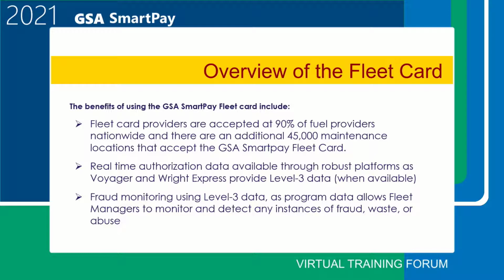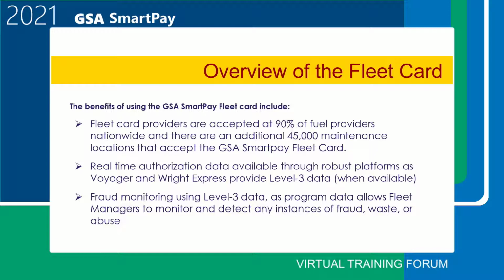However, they do have a process in place that if the maintenance exceeds that amount, they call in and get authorization from GSA, and they are issued a Ghost Card, MasterCard or Visa number, which ties back directly to that fleet card, and you would be able to see that within the electronic access system of your fleet card provider. So there are different solutions out there. Your agency may have it set up a little differently, but just know that for the most part, for your fuel needs, you're covered pretty much everywhere you go.